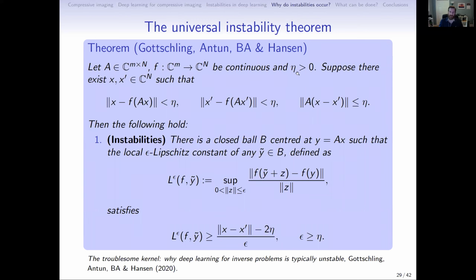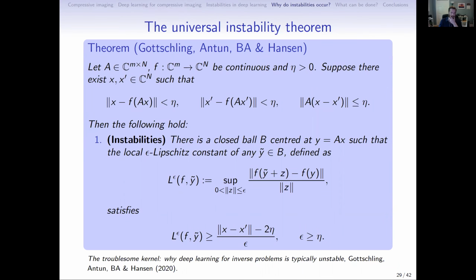And suppose there's some eta greater than 0. And suppose your mapping is such that you recover X to within accuracy of eta, and you recover X prime to within an accuracy of eta, but X minus X prime lies close to the kernel or the null space of your forwards operator. This is measured by eta.